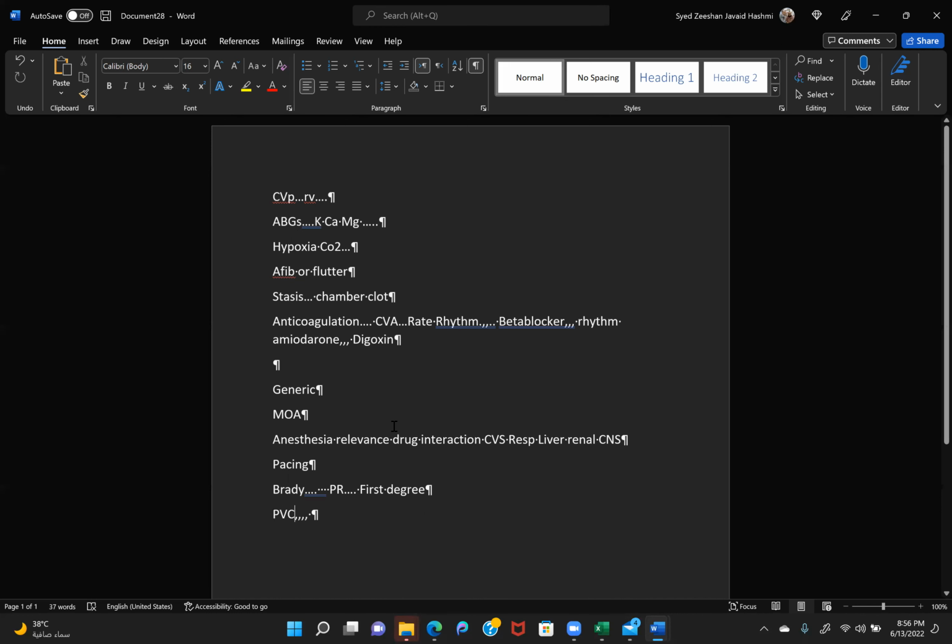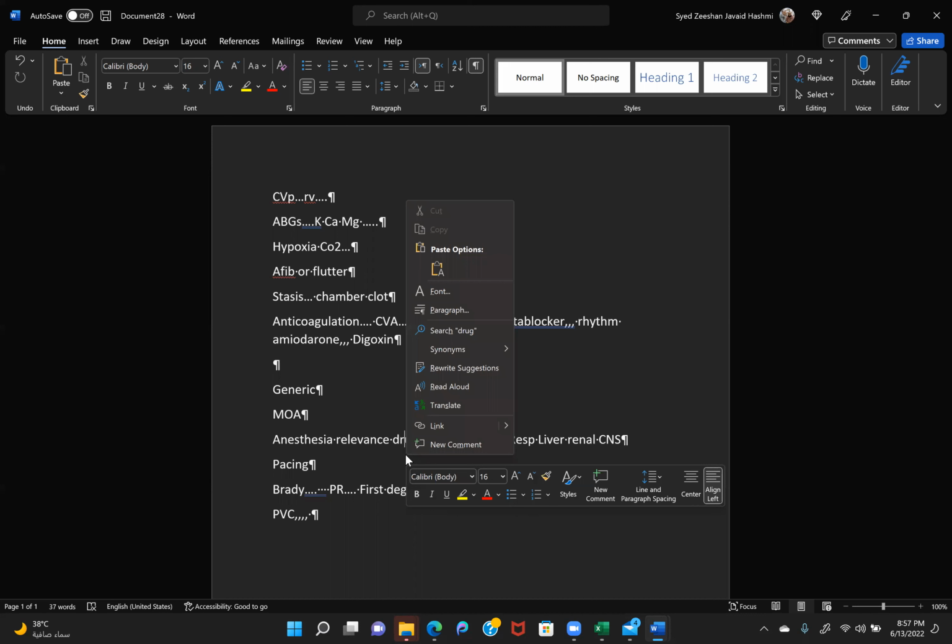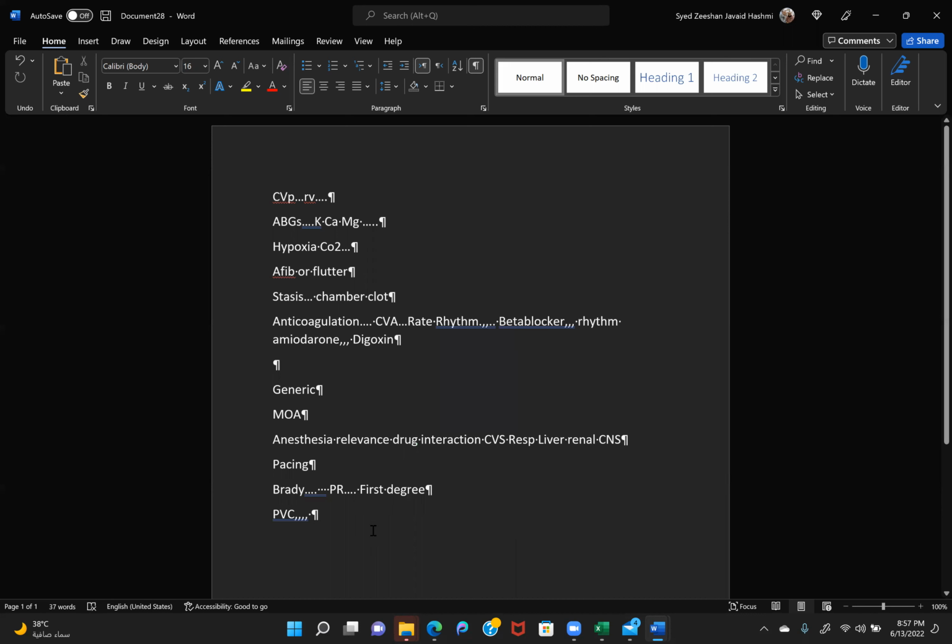This is the simplest way to understand the arrhythmias, because if you go into details, maybe you will not be able to understand anything. First make this basic concept, which everyone should know, and after that, of course, you should know more details than what I'm telling you.